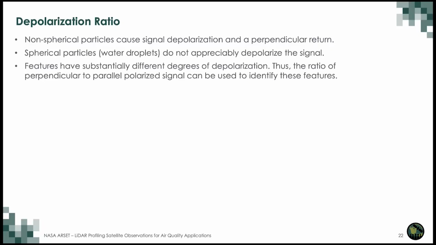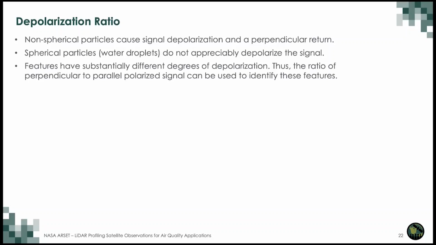And recall that non-spherical particles will have a contribution to the perpendicular return. So that means spherical particles, such as sulfates, for example, or water clouds, will have depolarization ratios much closer to zero, whereas dust and cirrus clouds will have depolarization ratios that range from 0.2 to 0.6, 0.7.